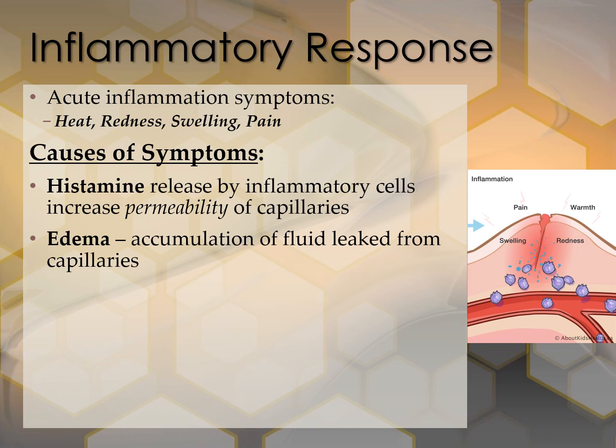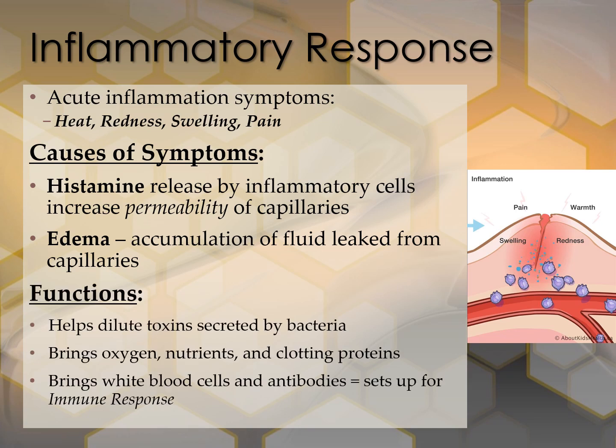So they leak out fluid and blood cells. Since it's leaking fluid out of the blood vessels, we get edema. Edema is just a technical term for fluid accumulation in the tissue, and that fluid is leaking from those capillaries.